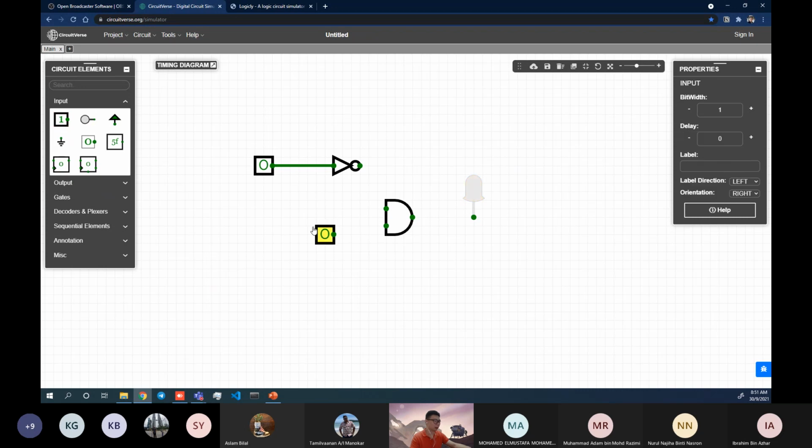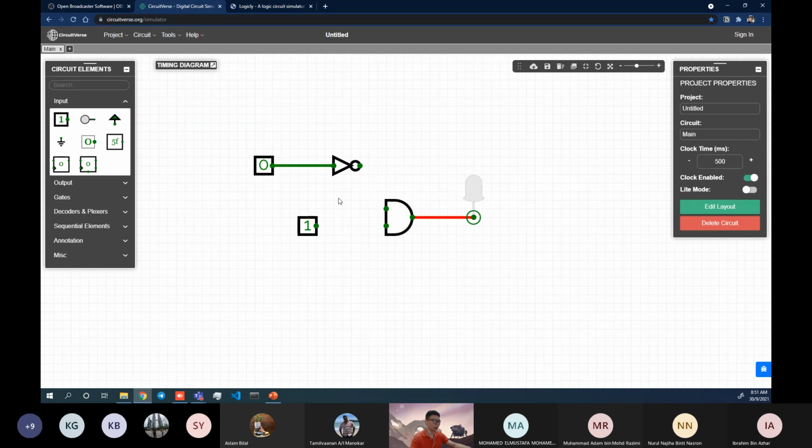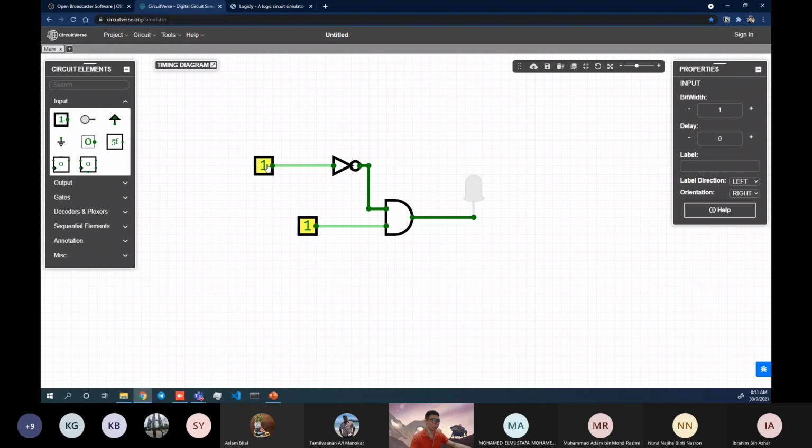And I'm going to put another input over here. The output is going to come from here, and this is going to be connected like so. So you can see what happens if you change this.